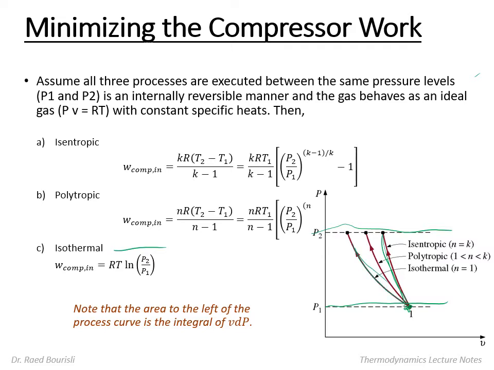Notice that the area, this VdP, it's not a PdV, it's the area to the left of the process. So this is for the isothermal, this is for the polytropic, and this is for the isentropic. We've looked at these before.